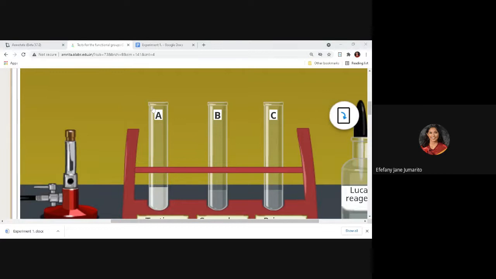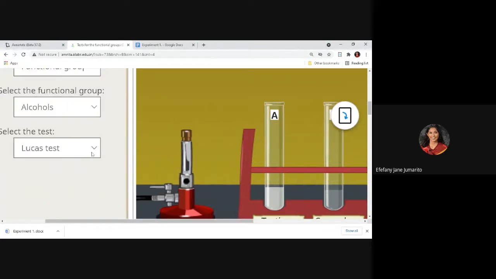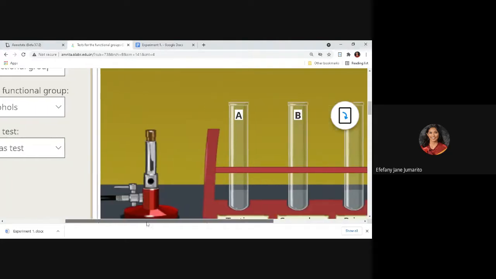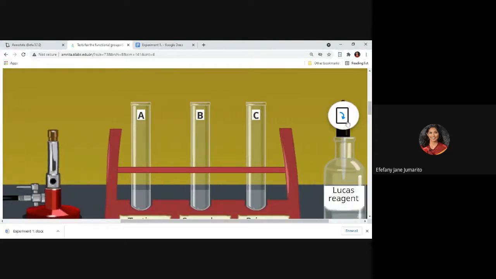So as you can see, what have you observed in your Lucas test? Again, let's add the Lucas reagent. Take note. If it appears immediately, it is tertiary alcohol.